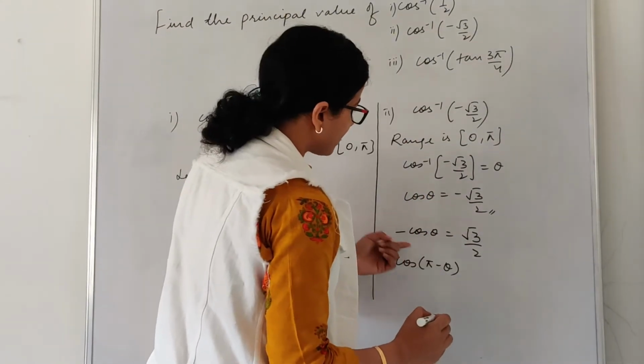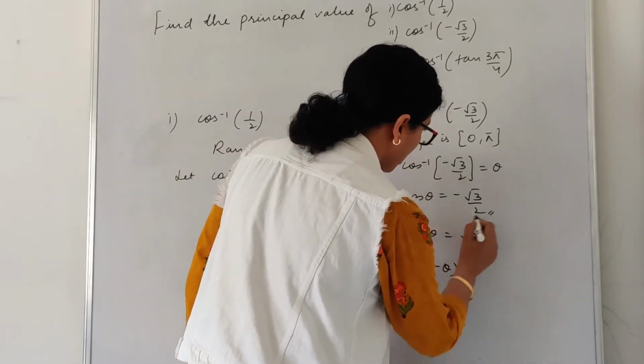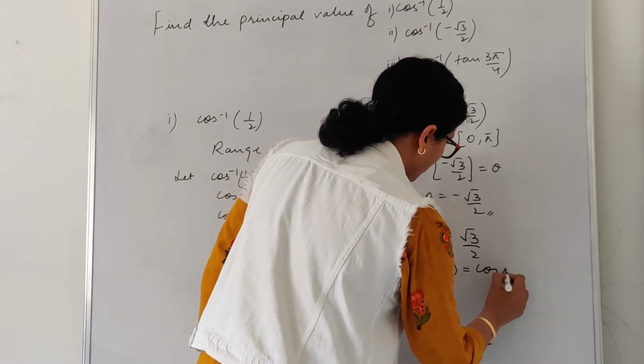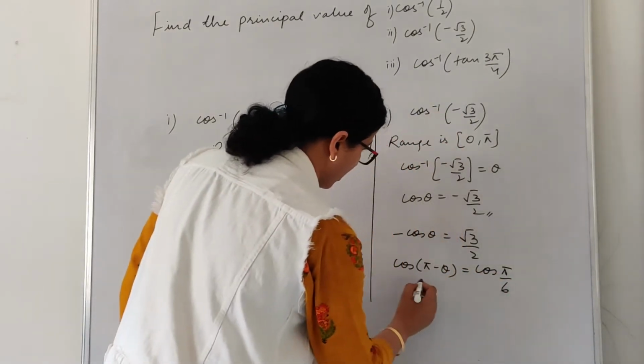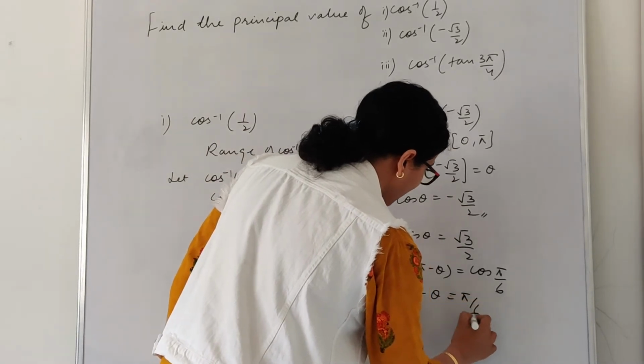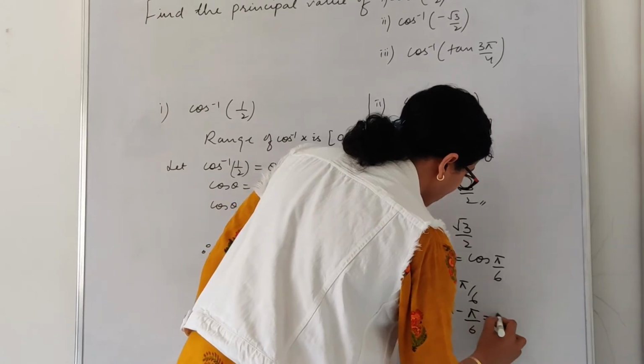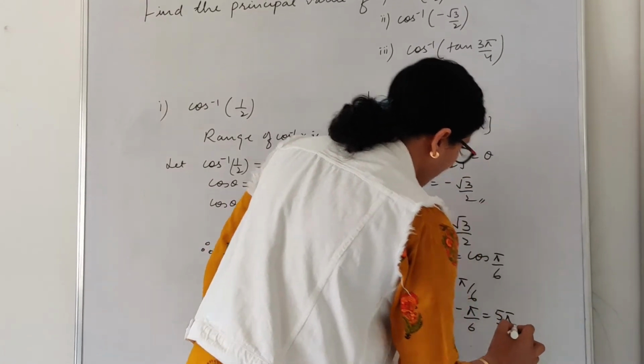Cos 180 minus theta is minus cos theta, correct? Equals, when is cos root 3 by 2? At cos pi by 6. Okay, so pi minus theta is equal to pi by 6. Theta is equal to pi minus pi by 6, which is equal to 5 pi by 6.